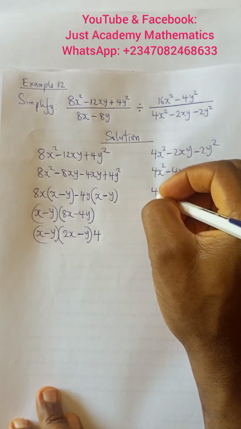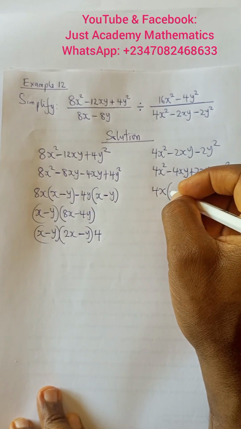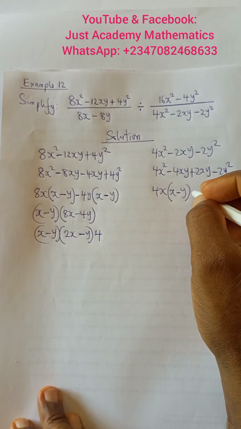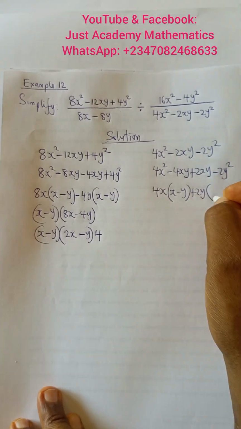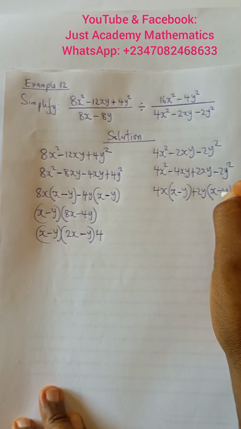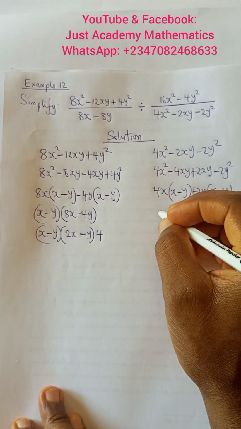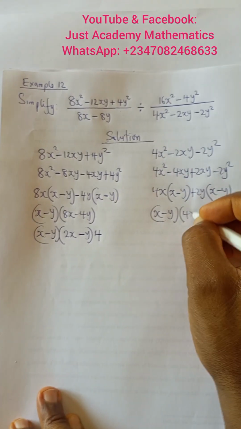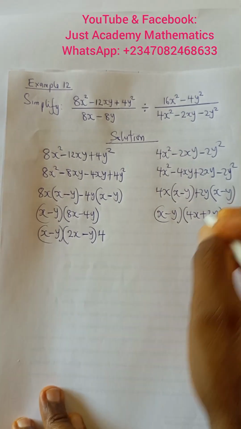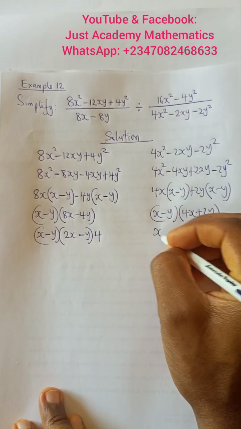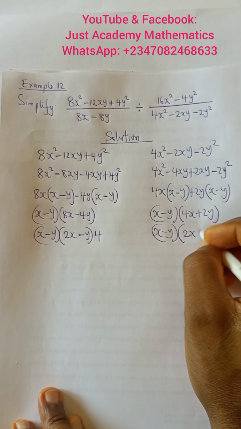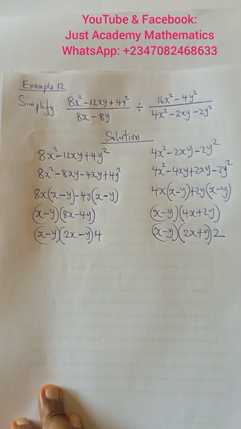What is common? 4x is out. What will remain? It will remain x minus y. What is common here? Plus 2y is out. What will remain? x minus y. Take the common bracket, x minus y is out. What will remain? It will remain 4x plus 2y. Again, something is common here. So we have x minus y times, if 2 comes out, you have 2x plus y times 2.